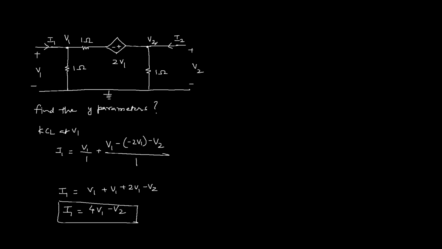Now we will apply KCL at the node with voltage V2. Current entering is I2. Current leaving through this 1 ohm resistance is V2 over 1. Current leaving through this branch is V2 minus 2V1 minus V1 over 1.